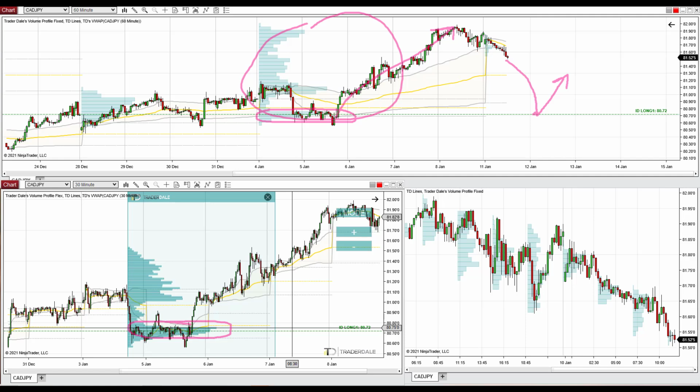So if you would like to make sure that you won't miss the trade, that the price won't turn before it goes to 80.72, then you have the option to enter at 80.75. This would actually be a bit safer approach. So I'll personally also probably want to enter a little bit higher at 80.75. All right, so that's for the Canadian dollar, Japanese yen.